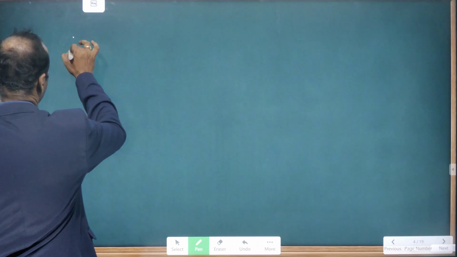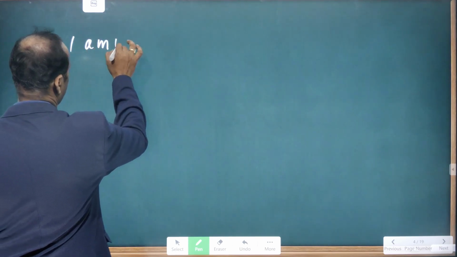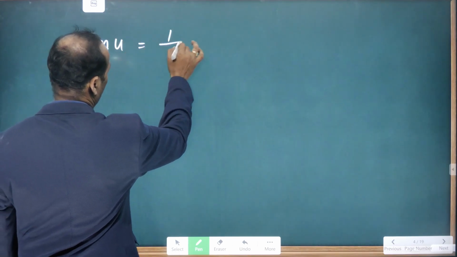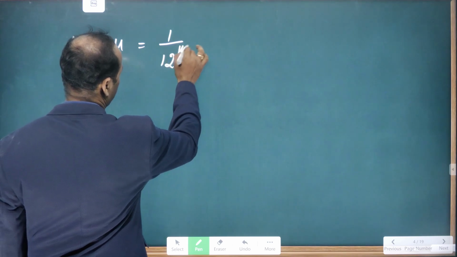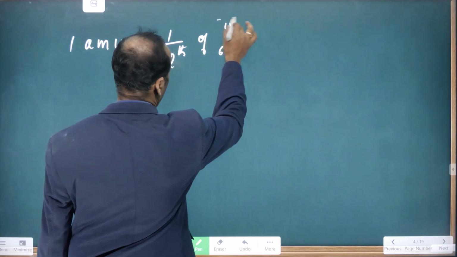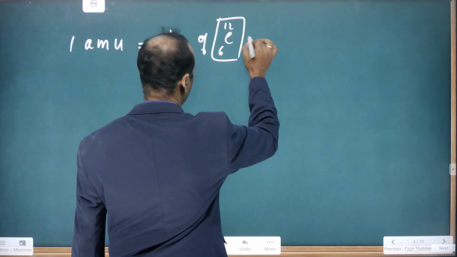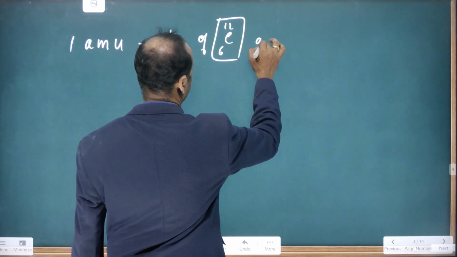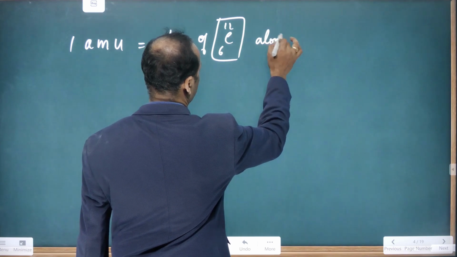So 1 AMU is equal to 1 by 12th of the mass of a carbon-12 atom.